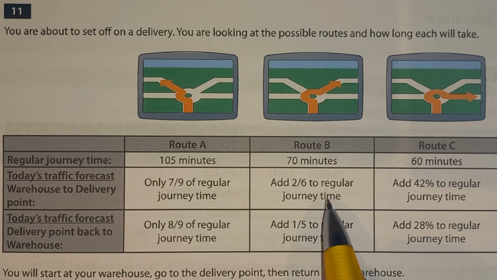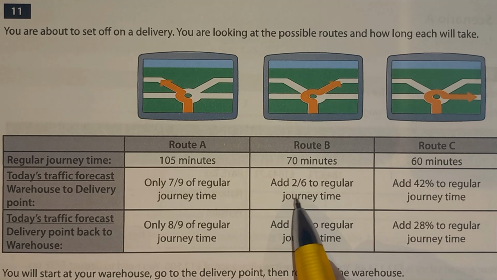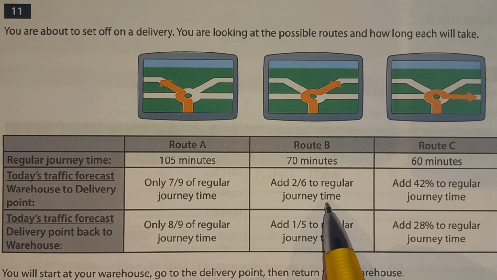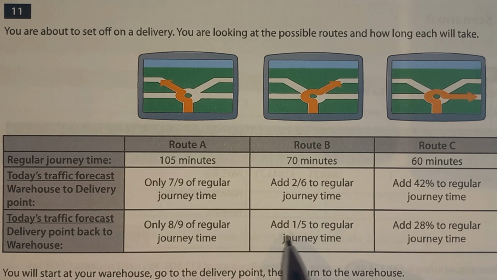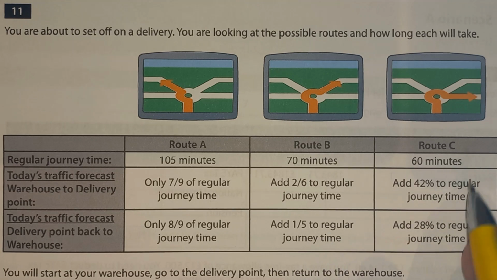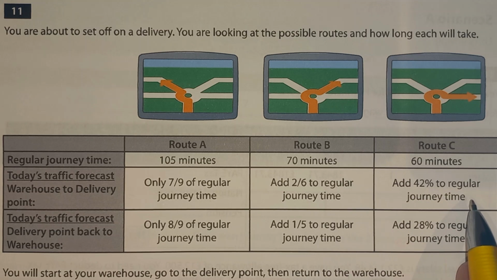For route B, add 2/6 to regular journey time. So it's going to take longer. And on the way back from the delivery point to the warehouse, add 1/5 to regular journey time. For route C, we're going to add 42% to the regular journey time. And on the way back, we're going to add 28% to the regular journey time.